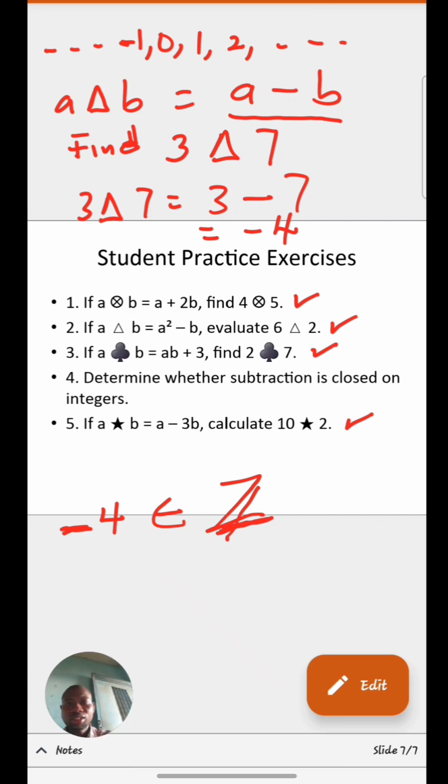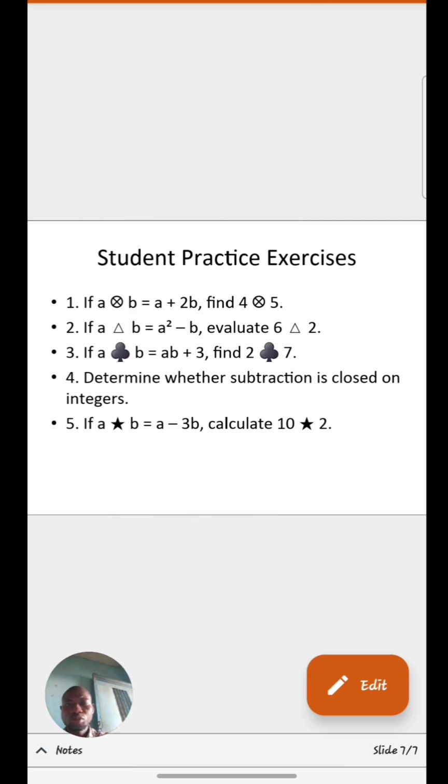Take note of that. So we are now moving to commutativity.